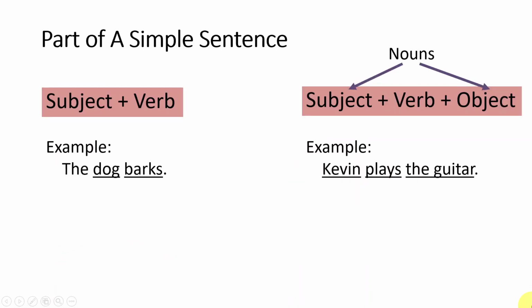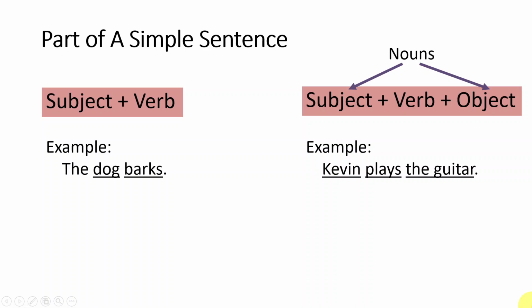Before moving to any specific topic, we want to first look at the anatomy of a simple sentence in English. The simplest possible sentence in English has at least two parts: the subject and the verb. At the next level, you can introduce the object as well.